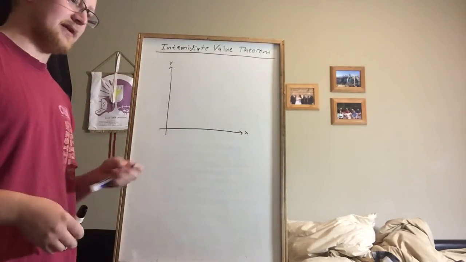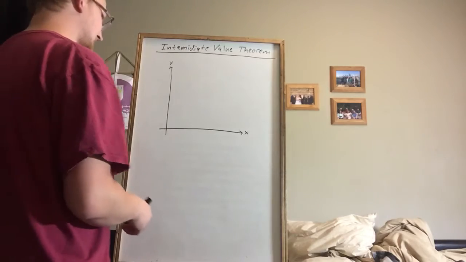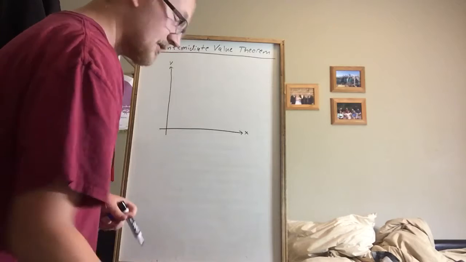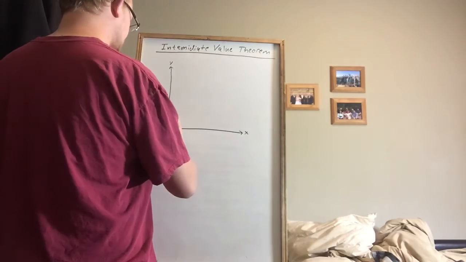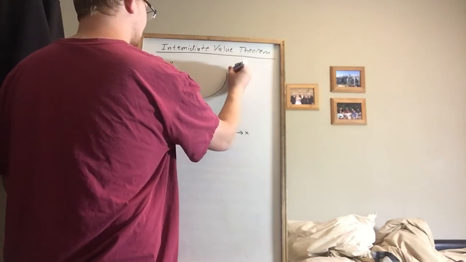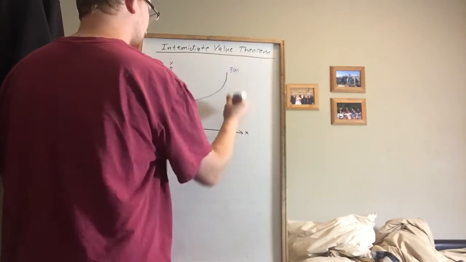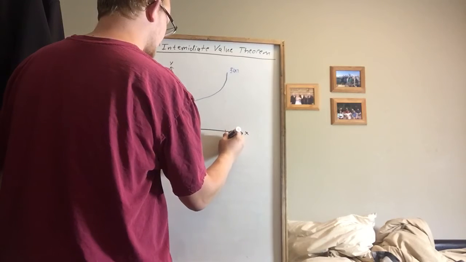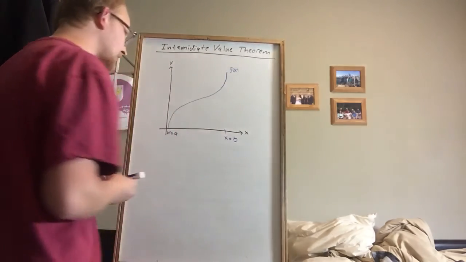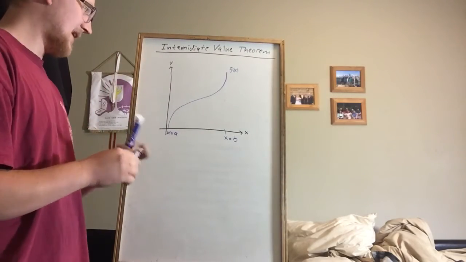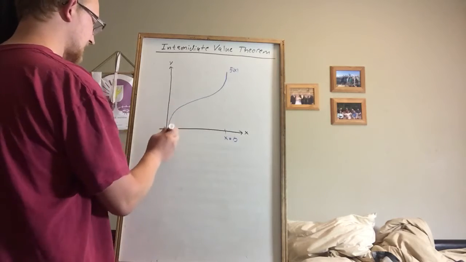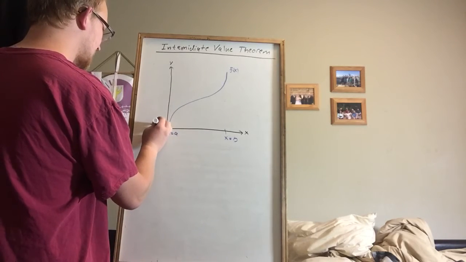And what the intermediate value theorem states is, for example, if we have a continuous function, so let's say it looks like this, across some interval x equals a to x equals b, then at x equals a, if we plugged x equals a into the function, we would get f of a as an output.